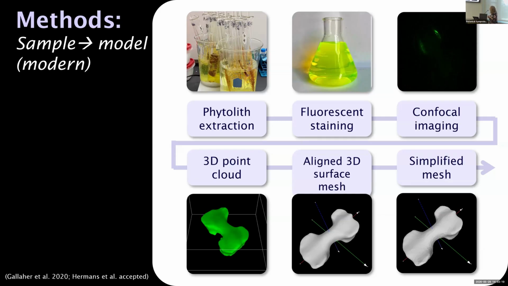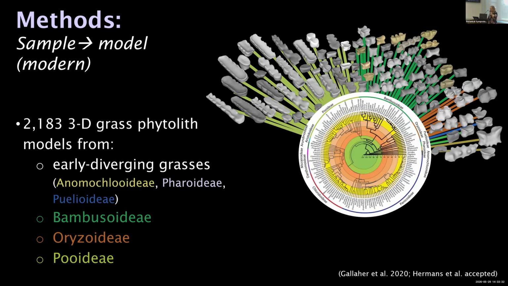Then we used a so-called confocal microscope to create image stacks that we sewed together to create a mesh that we cleaned and aligned and so on. And so we ended up with about 2,000 3D grass phytolith meshes or models from these groups. And this is a circular phylogeny showing the taxonomic coverage there.